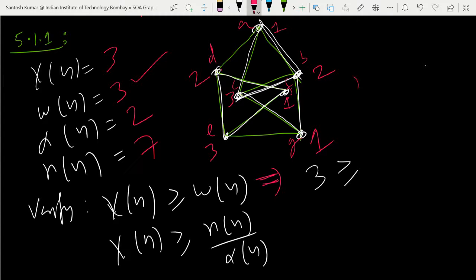What is the maximum independent set in it? 3, sir. A, F, and G we can take. So in this case alpha is 3. Now the order is 7 because that is the number of vertices.